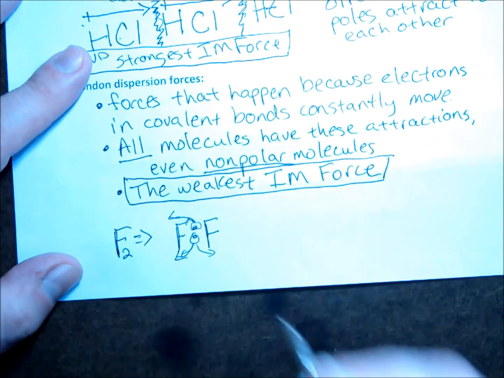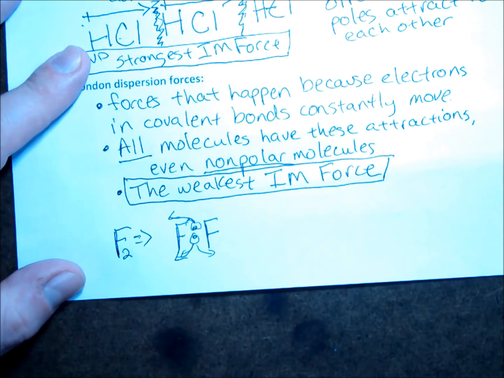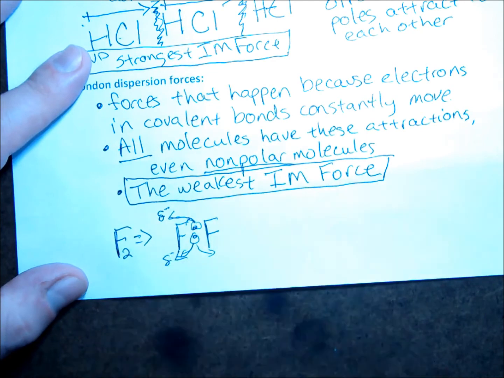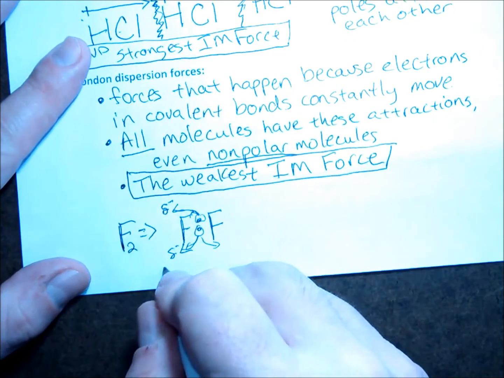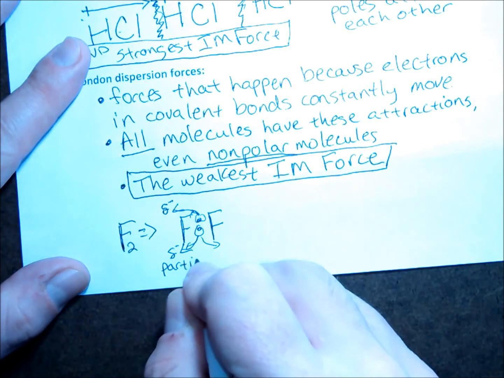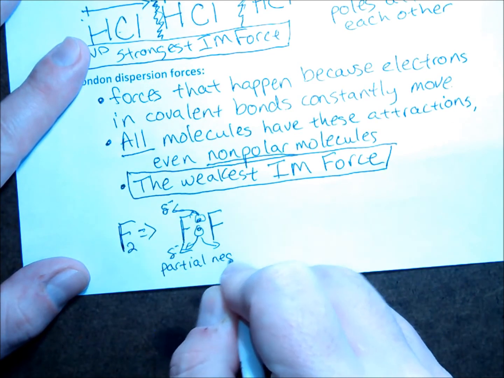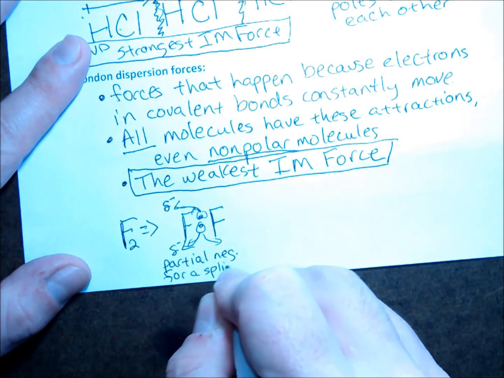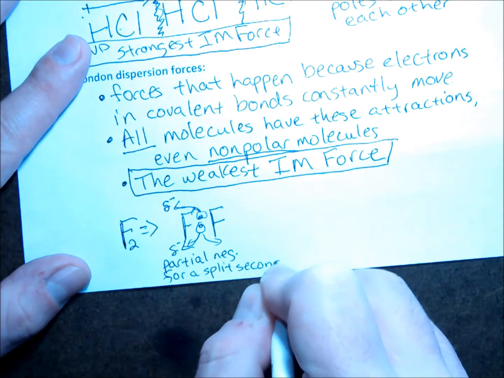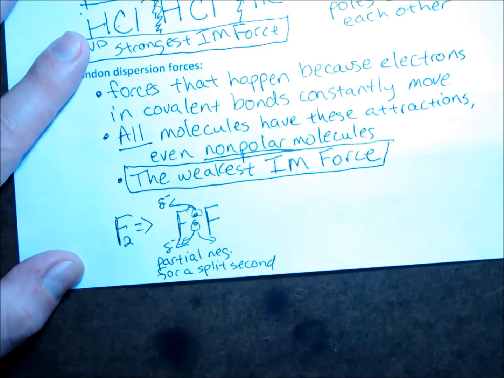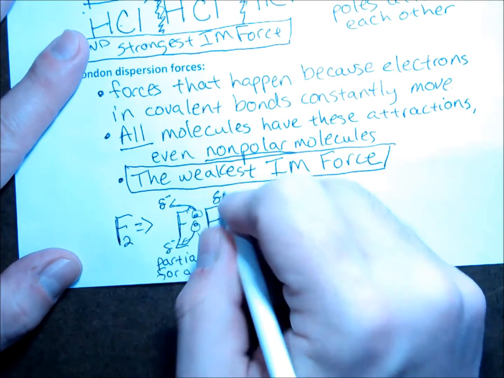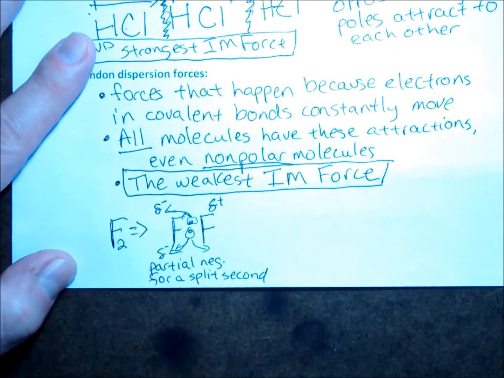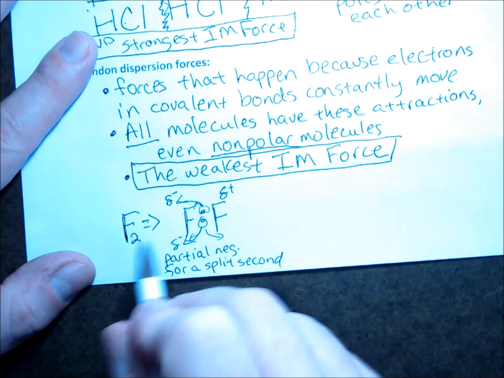What happens is every once in a great while, these electrons will go and they will both be on one side of your molecule. So for a split second, you have a partially negative end. For a split second. And so for that split second there, the other end, okay, becomes partially positive. Alright.